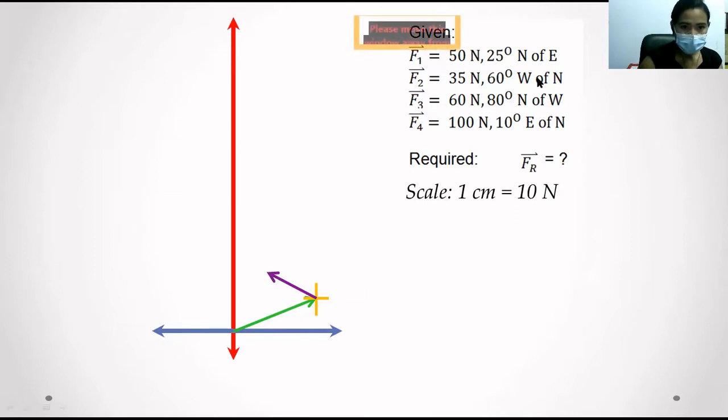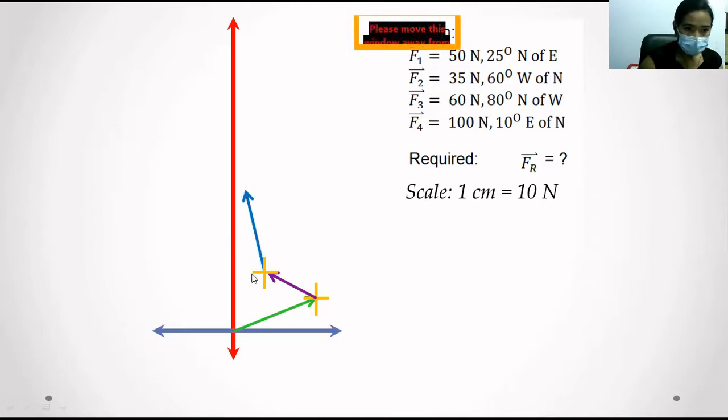So if this is 60 degrees west of north, from the northern direction you are to measure 60 degrees going west. At the tip of our second arrow, we will draw another direction guide and then put our protractor over this guide for us to measure another angle, and that would be 80 degrees north of west.